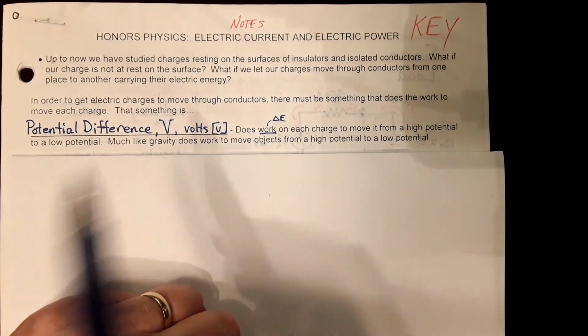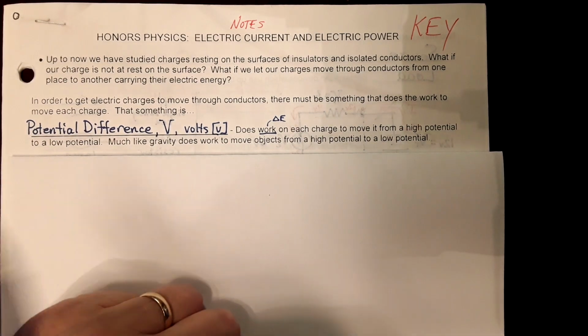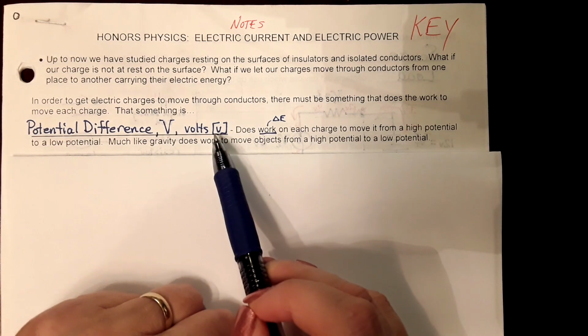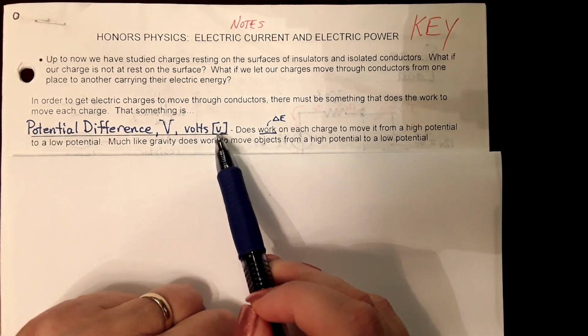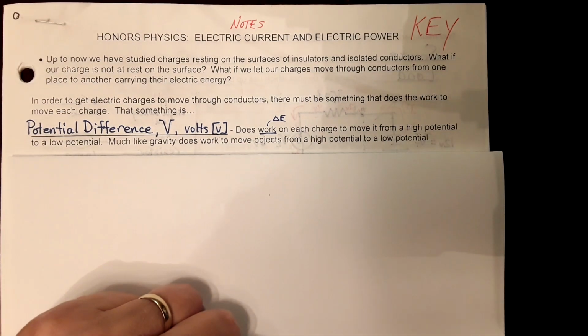And it's measured in a unit called a volt, which is indicated with a little v. So big V is indicated with little v, if you want to look at it that way. They go together.